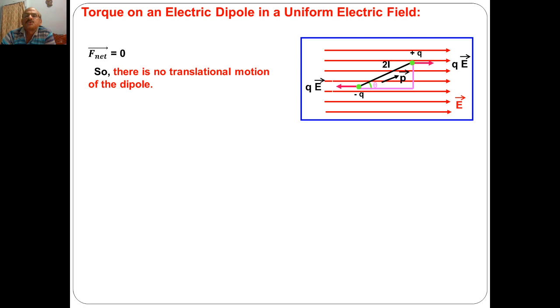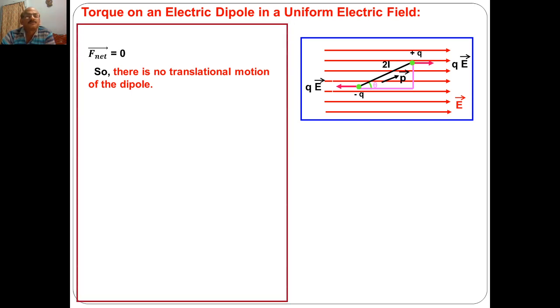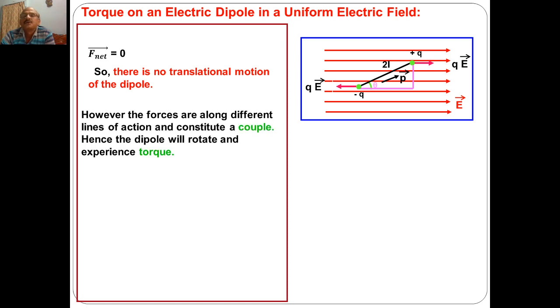So the plus q charge will experience a force qE in the direction of field, while minus q charge will experience the same amount of force in opposite direction. So net force on the dipole is zero, so no translational motion. Though the lines of action of these two forces are not the same, so they constitute a couple, and the dipole will experience a torque due to this couple.